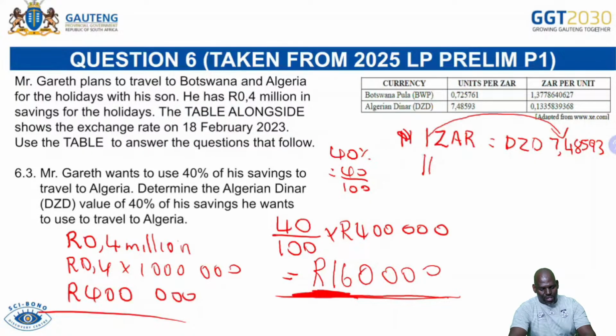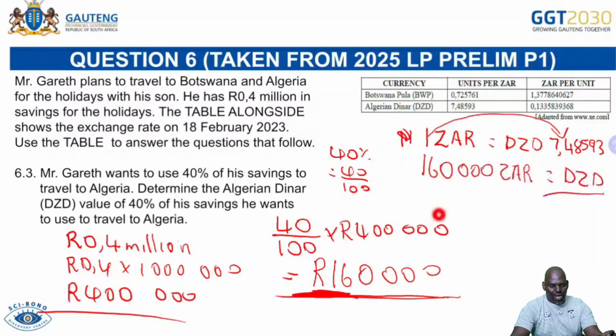So it's 160,000 South African rand. Now we want to convert it to DZD, that is the Algerian dinar. When I do the conversion, I just multiply.